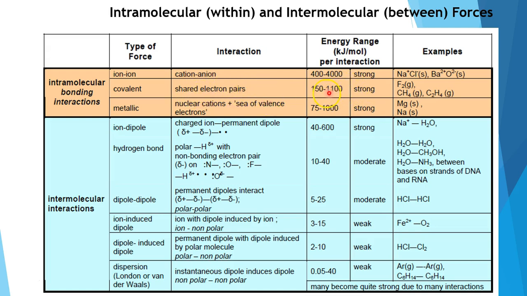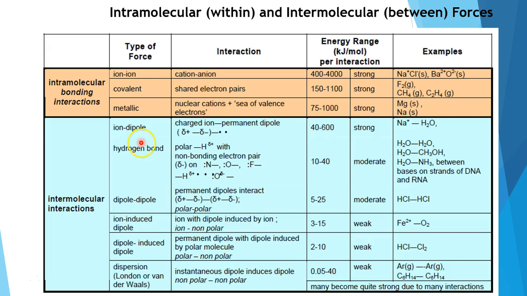That is the second strongest, from 150 to 1100 kilojoules per mole. The examples are here: fluorine molecule, methane, ethene. The next type of force is metallic. The interaction is between nuclear cations and the shared valence electrons. So that would be the third strongest.